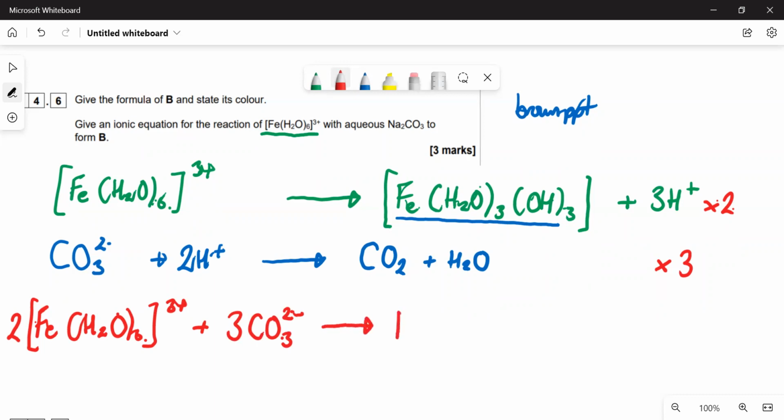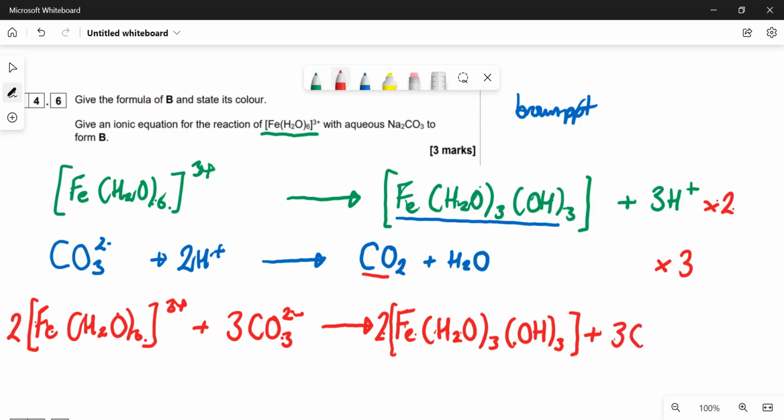And that's going to give us 2 Fe(H2O)3(OH)3, and it's going to give us 3 carbon dioxides and 3 waters. And that is our balanced equation.